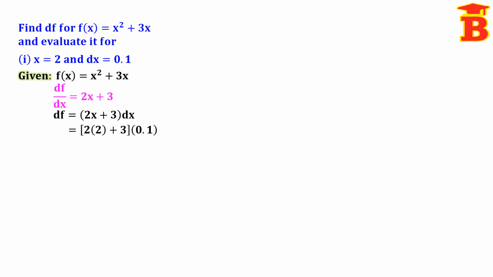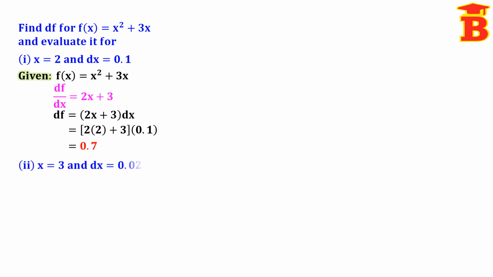Substituting the given x value 2, so 2 into 2 plus 3 into dx value given is 0.1. This is equal to 4 plus 3, 7, 7 into 0.1. So the answer is 0.7.